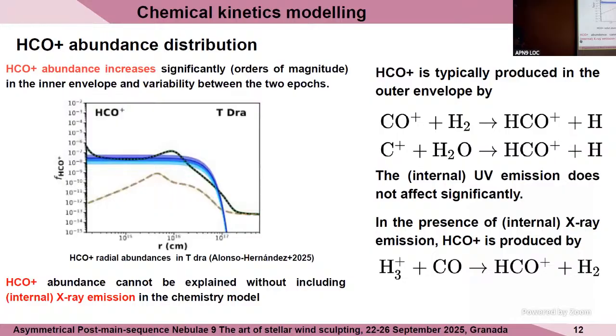And the other result I would like to highlight is the abundance of H2+, which is enhanced by the presence of H3+. H3+ is produced by the photoionization of molecular hydrogen, and is a real game changer in terms of molecular chemistry.